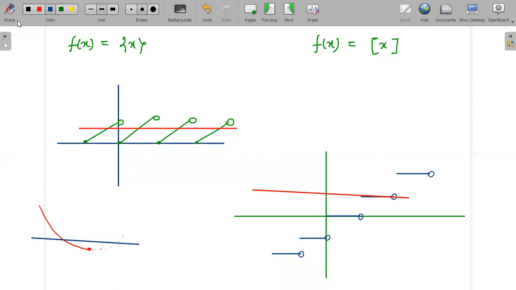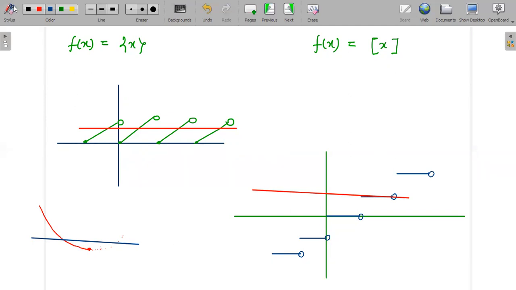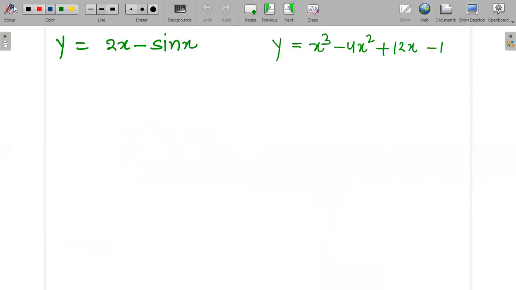That is the reason why the increasing and decreasing nature of a function plays a very major role there. On that question, y equals 2x minus sin x, I'll find the derivative of the function to comment on its injectivity. So there we go. We have 2 minus cosine x.